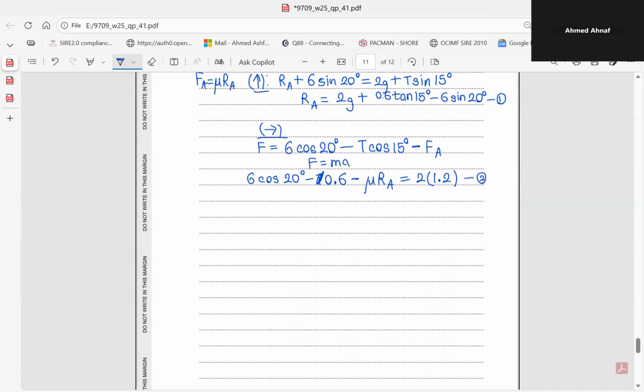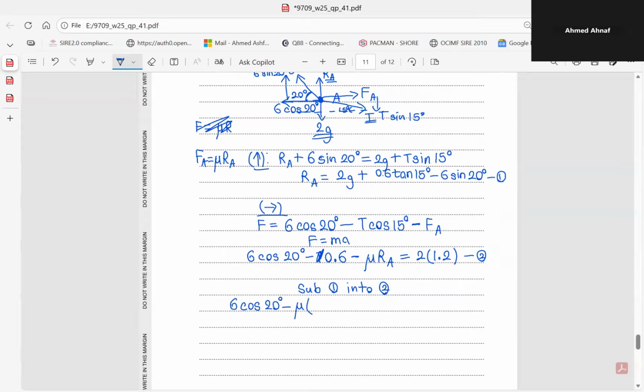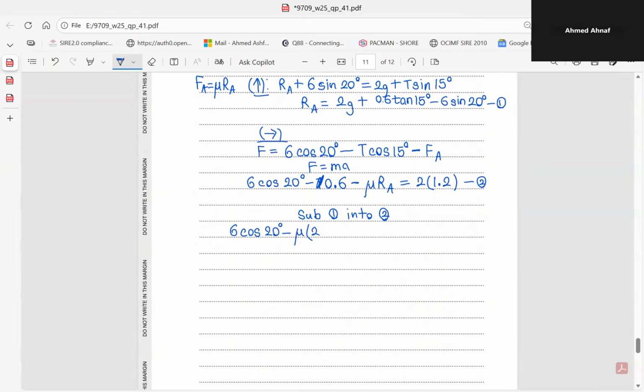Now we're going to substitute 1 into 2. So 6 cos 20 degrees minus mu times RA, where RA is 2G plus 0.6 tangent 15 degrees minus 6 sine 20 degrees.